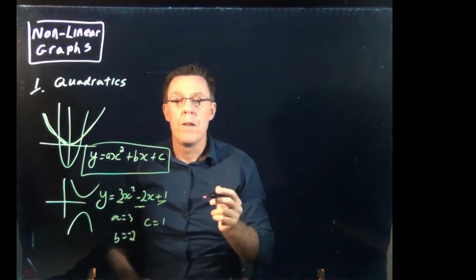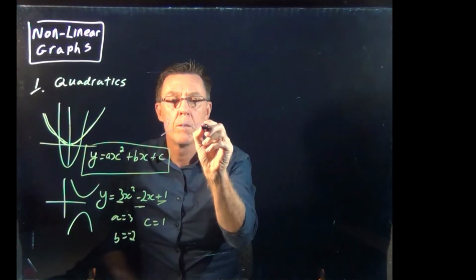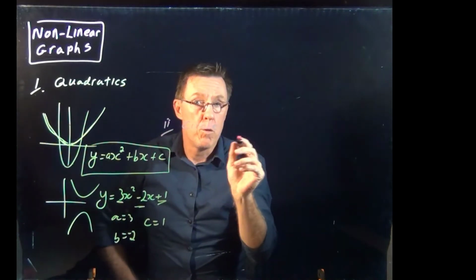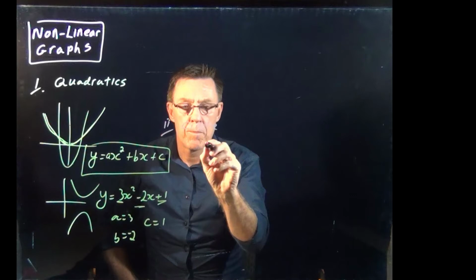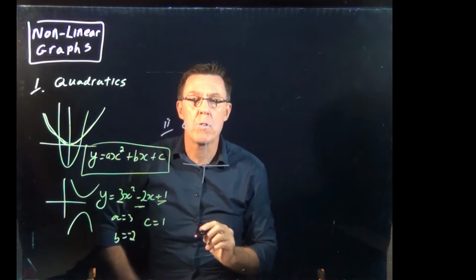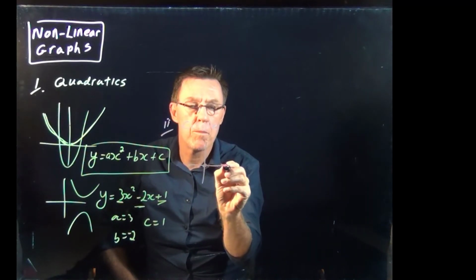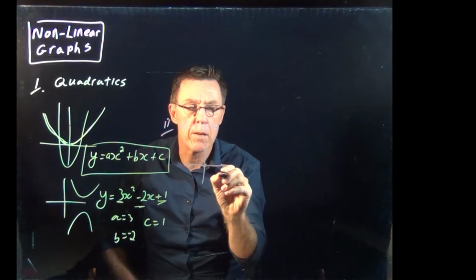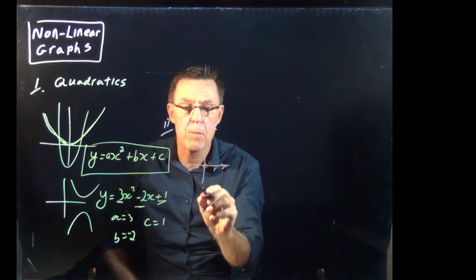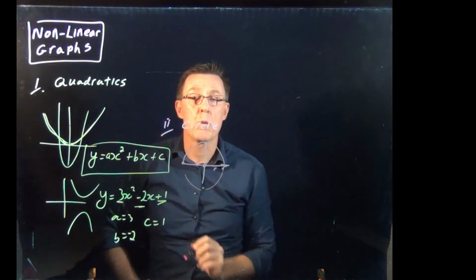Now, the next one we're going to look at is a circle. There are two general forms of a circle, very, very similar. If I had a circle here, with its centre at the origin, 0, 0, and I came out a radius to there, and the same distance up there, same distance there, same distance there, there's my circle.